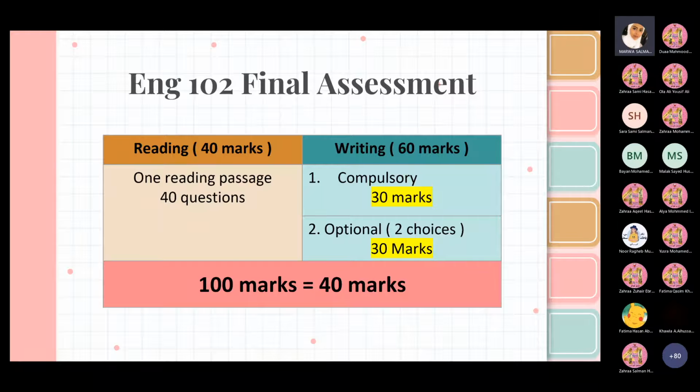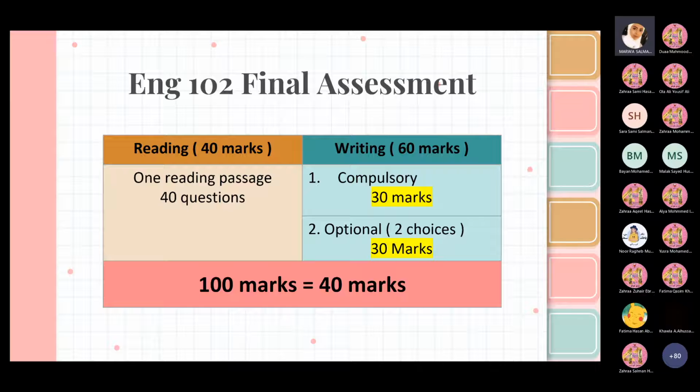I'm not sure if there are 40 questions, but it is graded as 40 marks. It will be a little bit long, and I don't know whether there are 40, 20, or 15 questions. I'm not sure yet, but it has 40 marks.